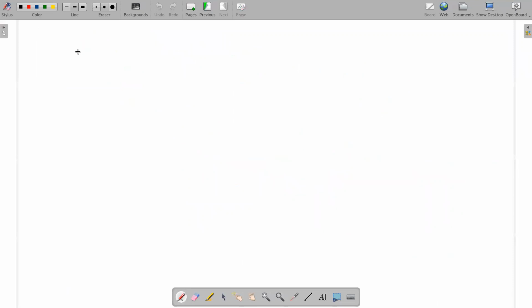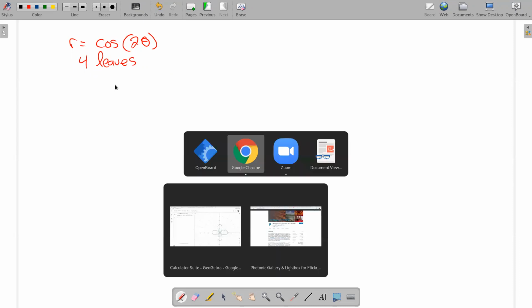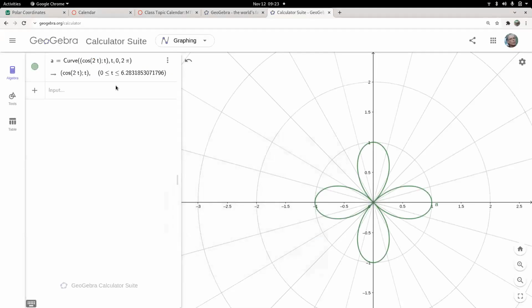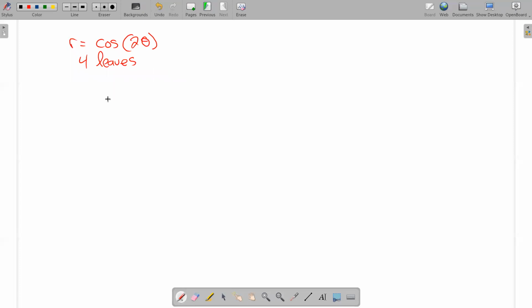So let's see. r equals cosine of 2t or 2 theta gave me 4 leaves. All right, and how are those leaves oriented again? Okay, like that. So it went something like this. And this is actually, ooh, is that the way it's graphed? No.